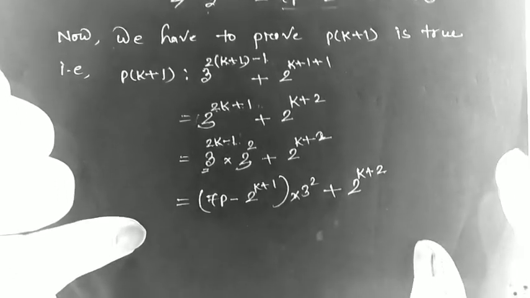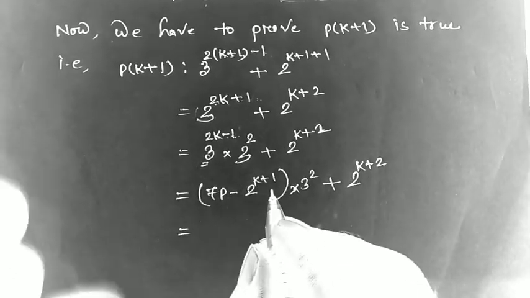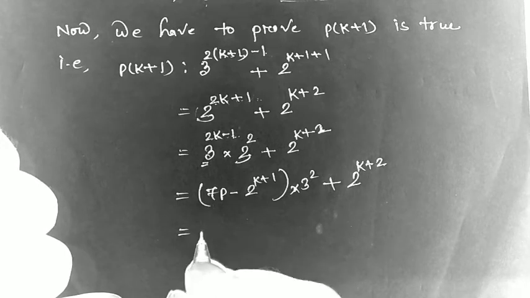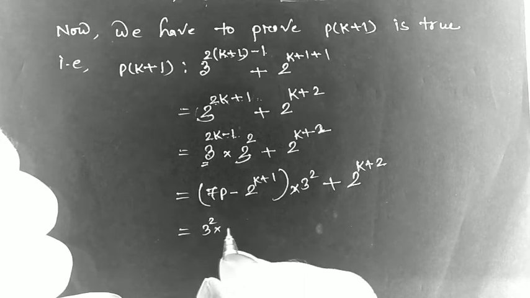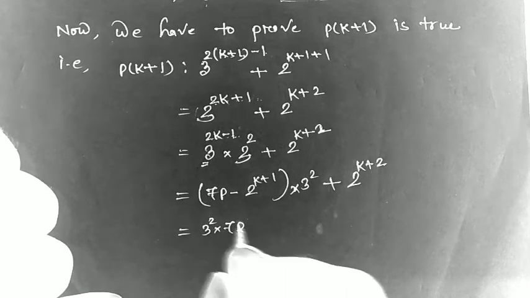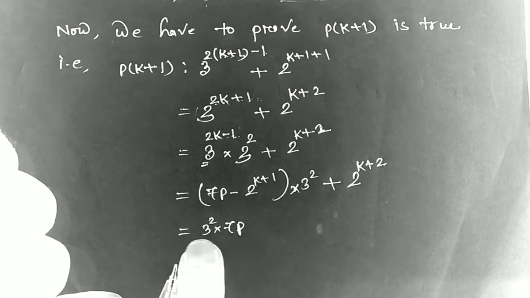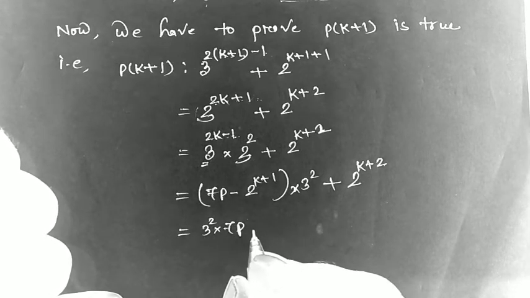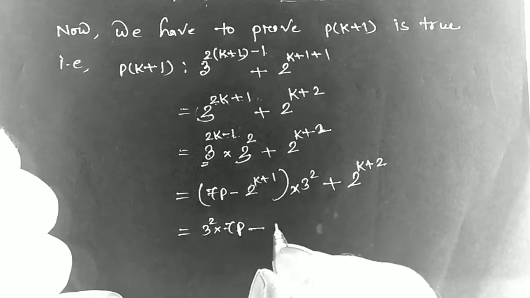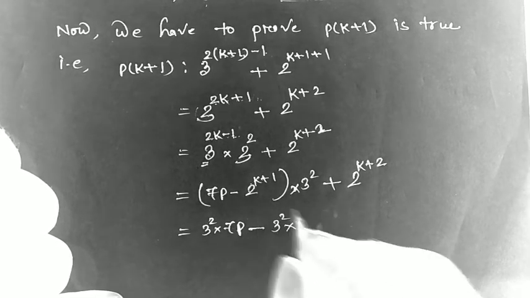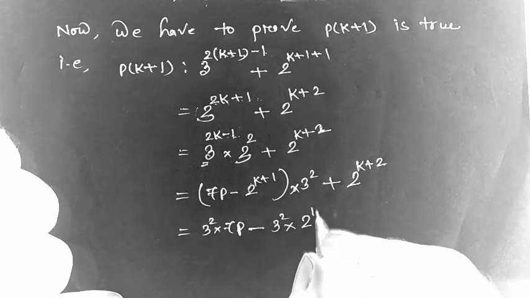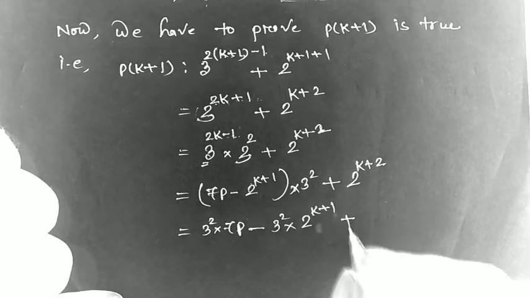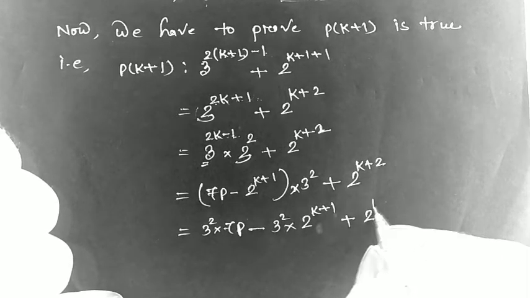Now you have to break this bracket, 3 square into 7p, no need to write the answer, that means 3 square means 9, no need. Then minus 3 square into 2 to the power k plus 1 and plus 2 to the power k plus 2.